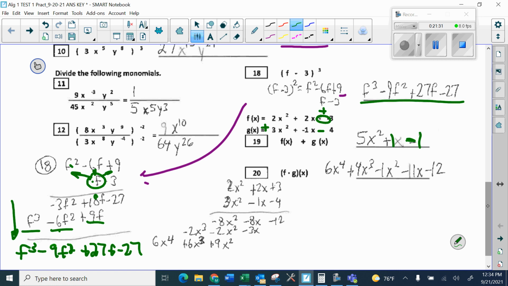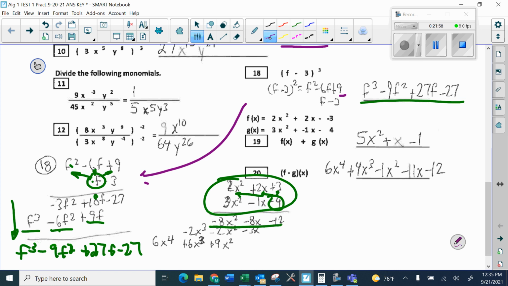Okay, and 20, this just says to multiply the two, f of x times the g of x. Okay, that's just one way you can write it. So now I'm going to multiply these two trinomials together. That's what I have right here. Okay, and then again, we just go right on through. Take the negative 4, distribute to all three of these. That's the first row right here.